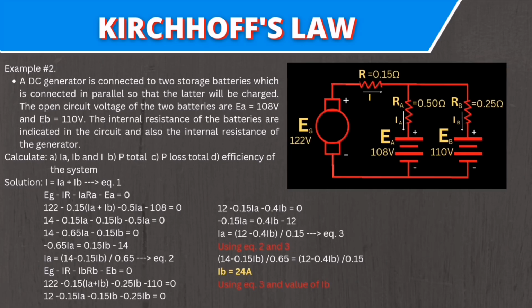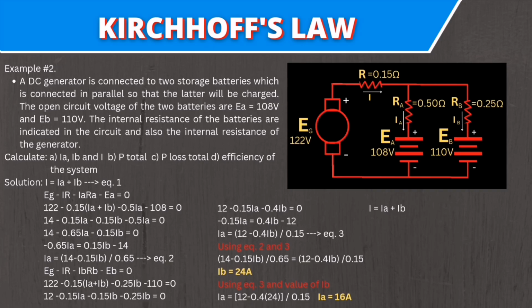So I sub b is equal to 24 amperes. Using equation number 3 and the value of I sub b, I sub a is equal to 12 minus 0.4 I sub b all over 0.15. So 12 minus 0.4 times 24 all over 0.15 will be equal to 16 amperes. I, which is equal to I sub a plus I sub b.